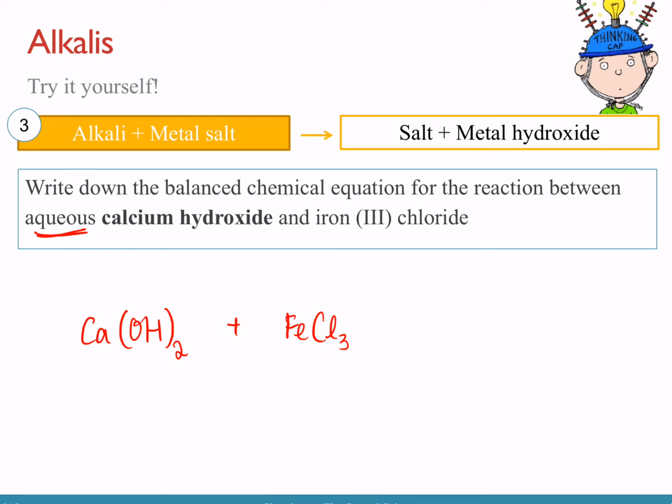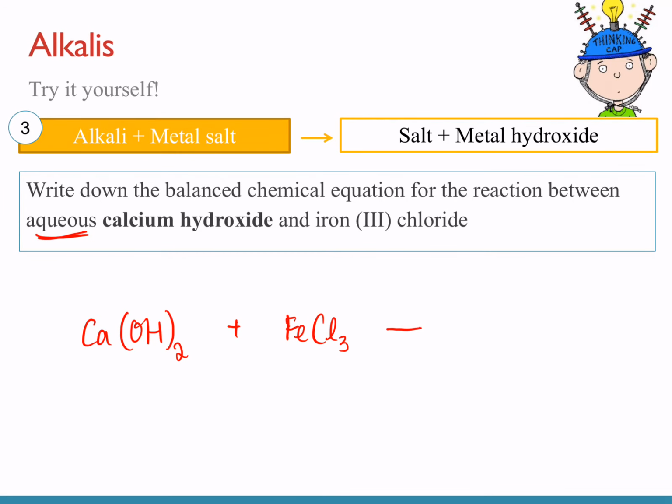I don't need to bracket around the Cl. It gives me CaCl2 plus Fe(OH)3. So how do I balance this equation?